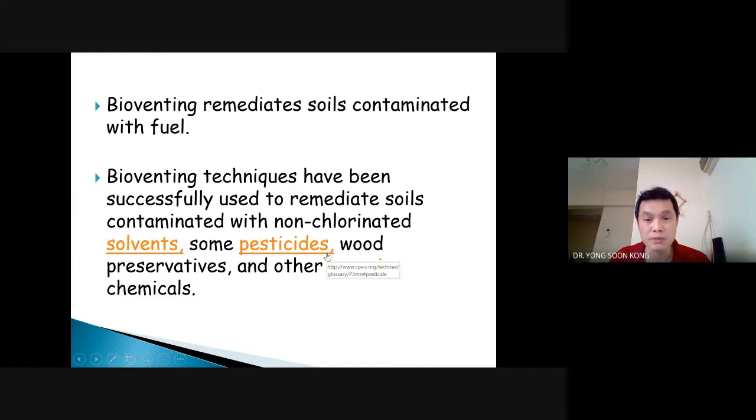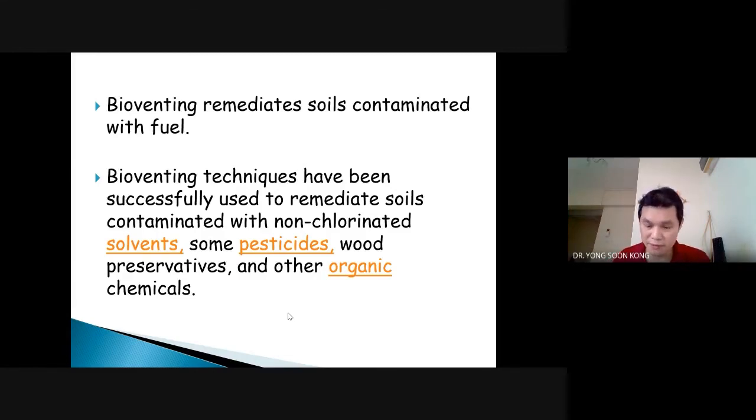Similar with pesticide as well. If they can be flushed out, yes, this is how they can be flushed out. And also some of the major contaminants. So bioventing has two functions, two ways it can remove the contaminants. Number one, it gives oxygen so that bacteria are better at doing their bioremediation. And number two, just flush out the contaminants.